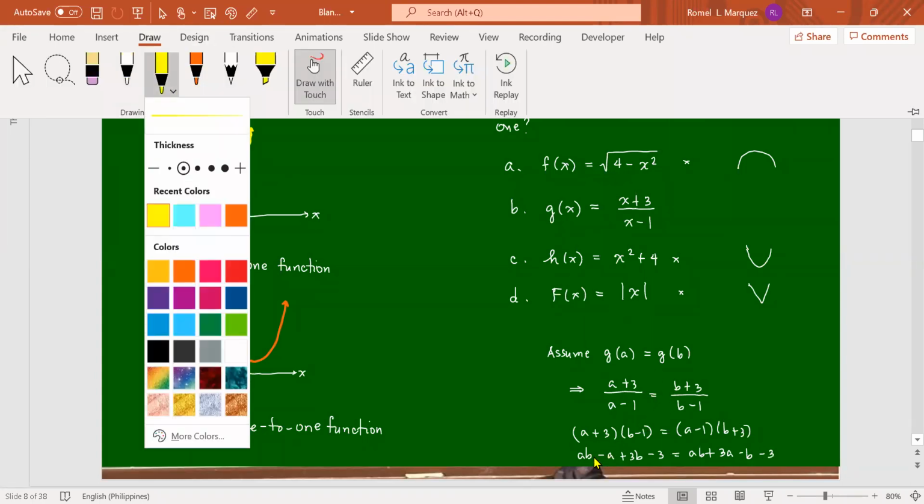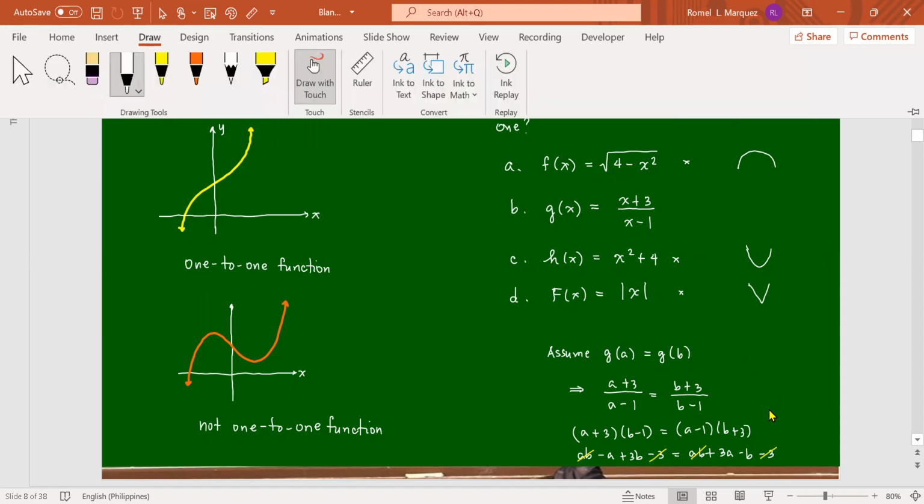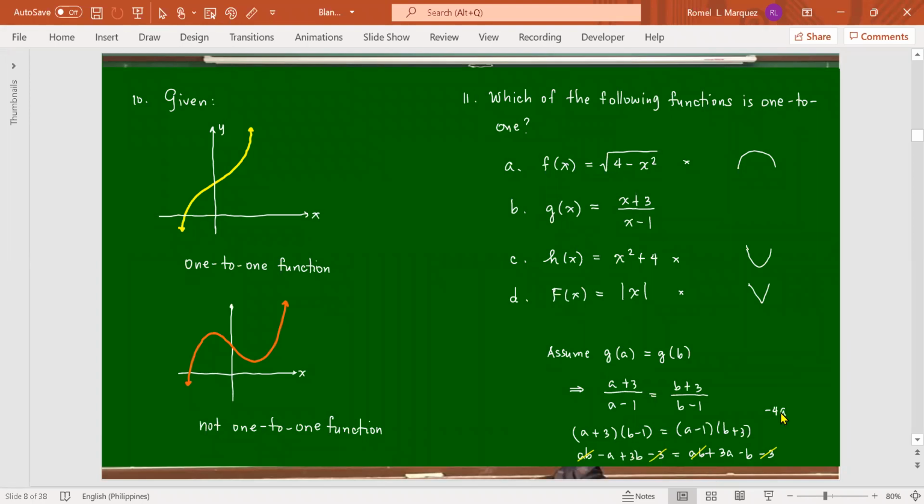Okay, so ab is eliminated. We have negative 3 eliminated also, getting negative 4a equals negative 4b.